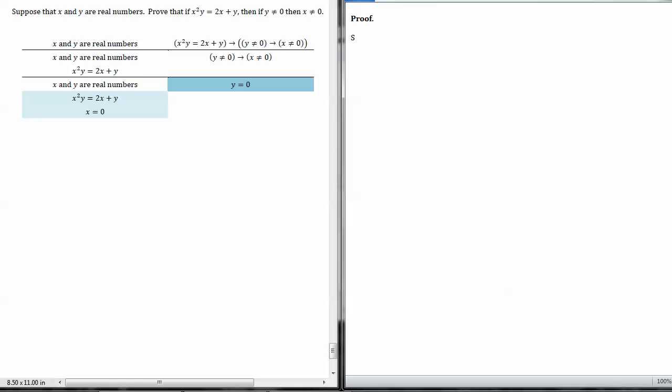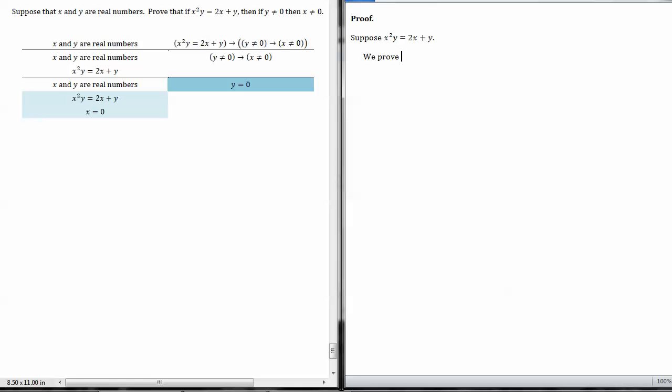Okay. So the first thing we did was just direct proof. So let's say what we're supposing: x squared y is equal to 2x plus y. And then the next thing we did was to try to prove the contrapositive. So we should say we're going to do that.